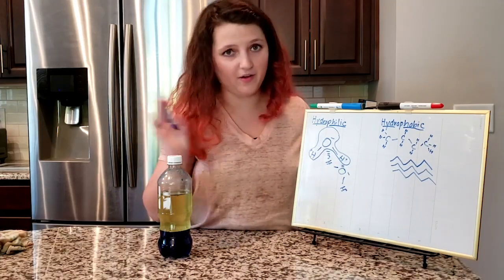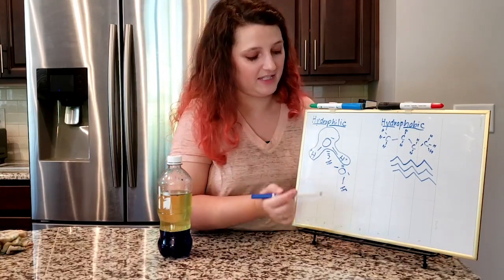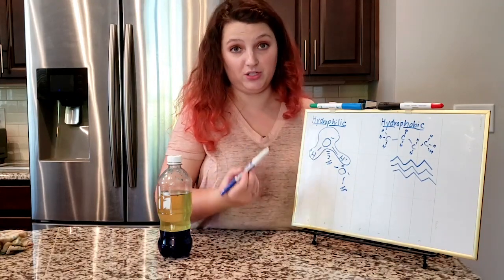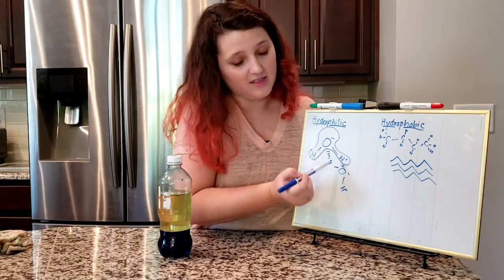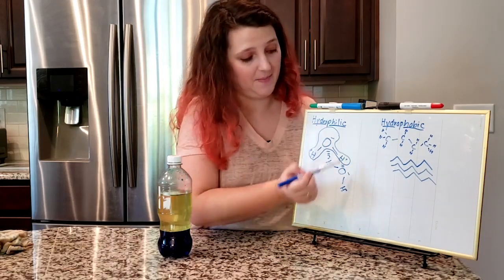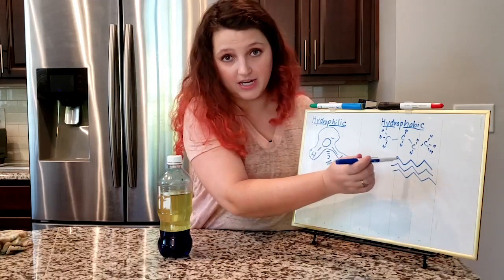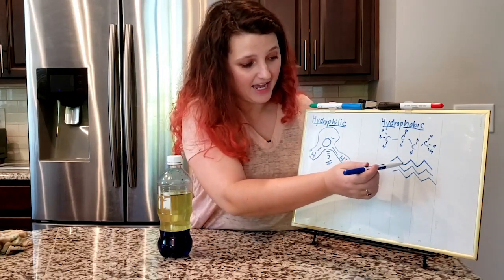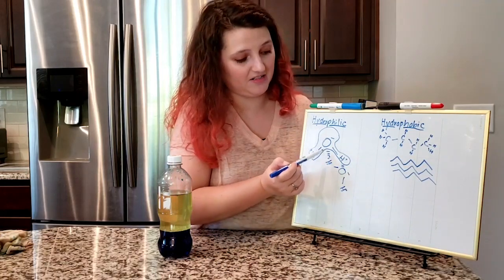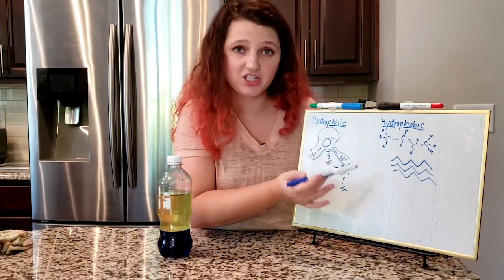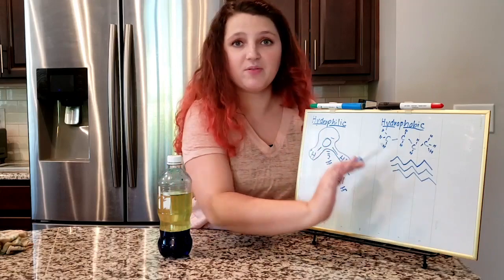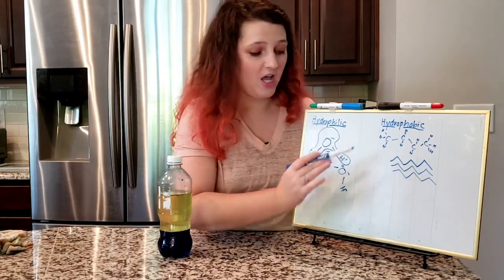They'll float on their own relatively easily, whereas these bonds are extremely strong. So when you put these two types of molecules together, these guys stay really closely bound together, and they don't want any part of these guys. And these guys don't really understand what this negative and positive stuff is all about. They don't have any attraction to that. So they just prefer to stay with themselves, away from these.